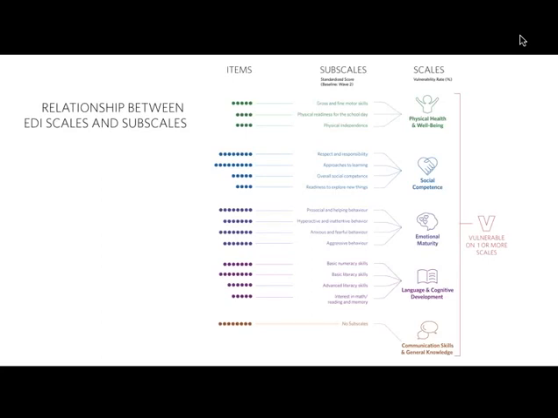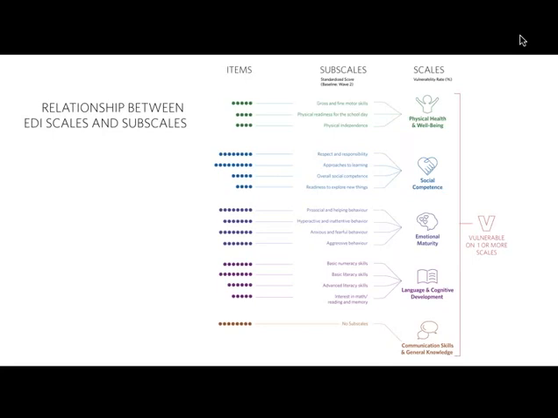Those little dots there each represent one item, and as you can see, for 4 of the 5 scales, there is more than one line of items, and if you add all those dots up, you'd get 103 dots, or 103 items in the core part of the EDI. 103 items that can be rolled up into, in this case, 15 subscales. Communication skills and general knowledge at the bottom there doesn't have any subscales.